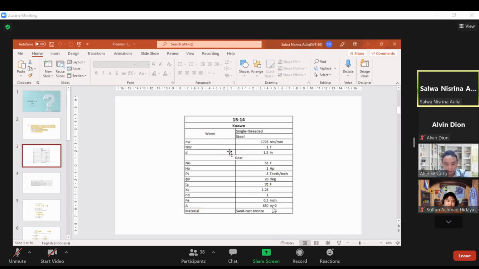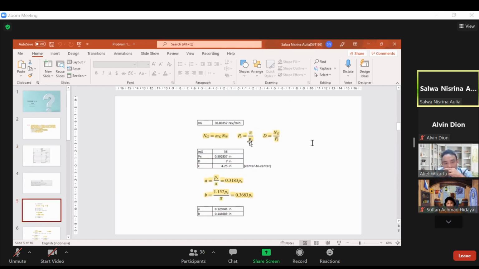In here, the worm is very big in ratio, but the helical is not as big as 56 like this. So the velocity decrease and increase is very big like that. Okay, that's number one. Next one, next difference.